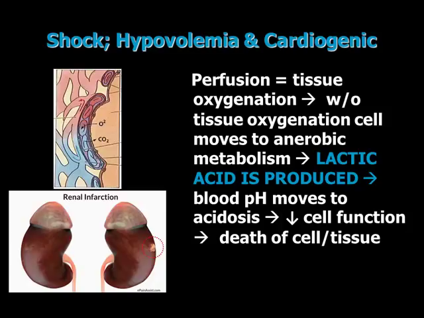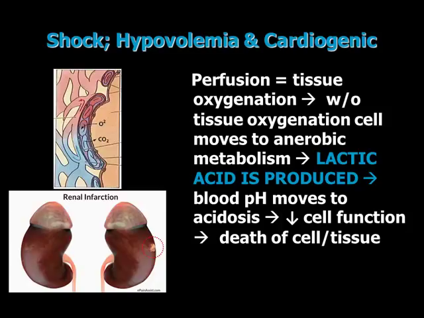And that works kind of okay in that a little bit of ATP can be produced, but the problem is the byproduct that occurs because of anaerobic metabolism is a lot of lactic acid. And just by its name, you know that lactic acid, an acid, will drive the pH down, and so the body will become acidotic.